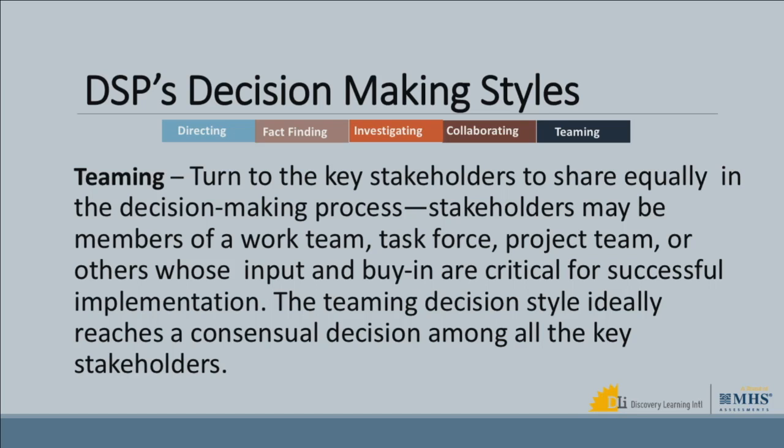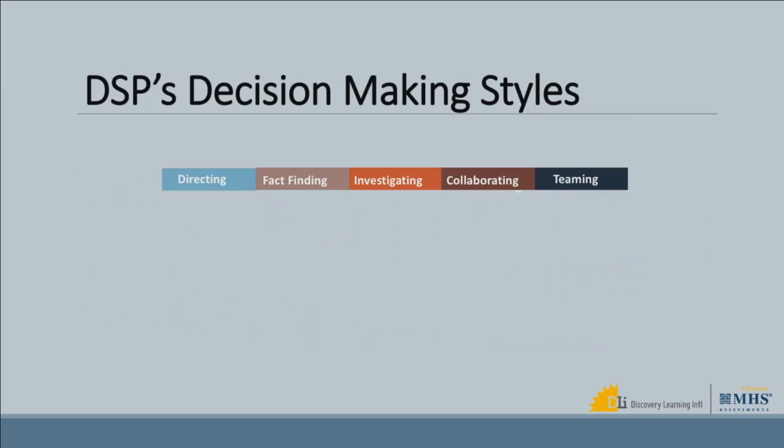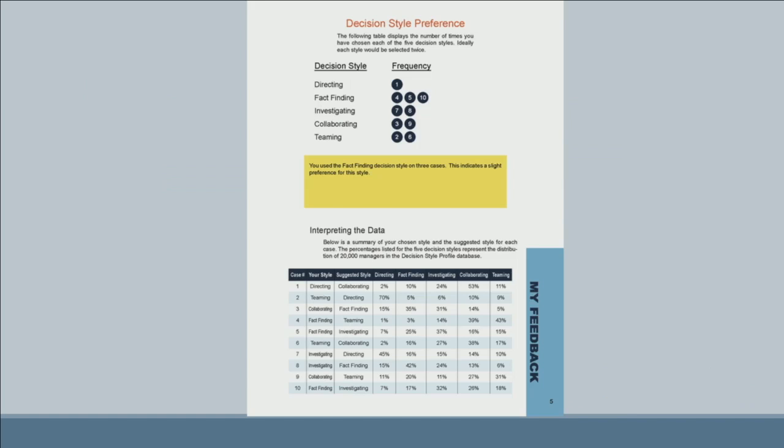And so when you think about these different styles all together, directing, fact-finding, investigating, collaborating, or teaming, you have very different approaches. Now, some will be easier on you than others from a style perspective, but this model assumes that the best way of choosing is not because of your style, it's because of the circumstances of the decision.